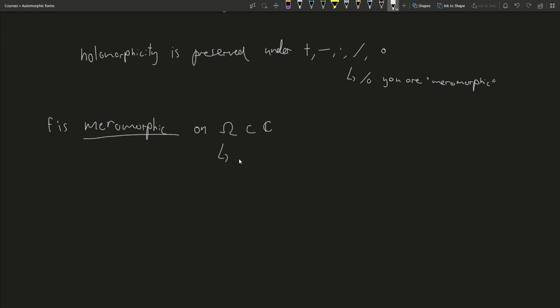So I'm going to assume that omega is compact with piecewise smooth boundary.